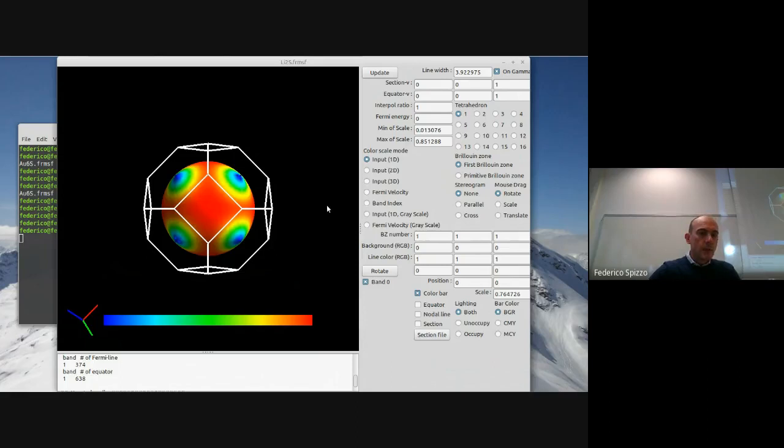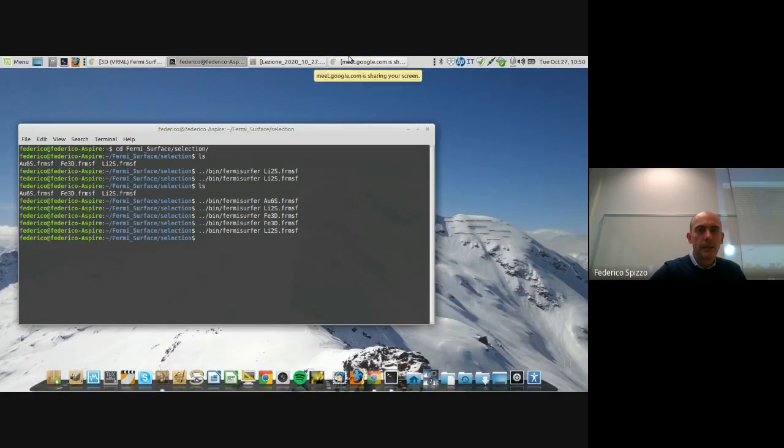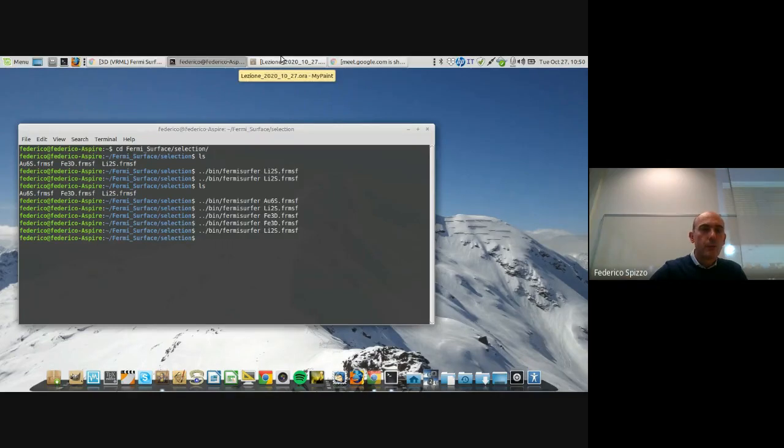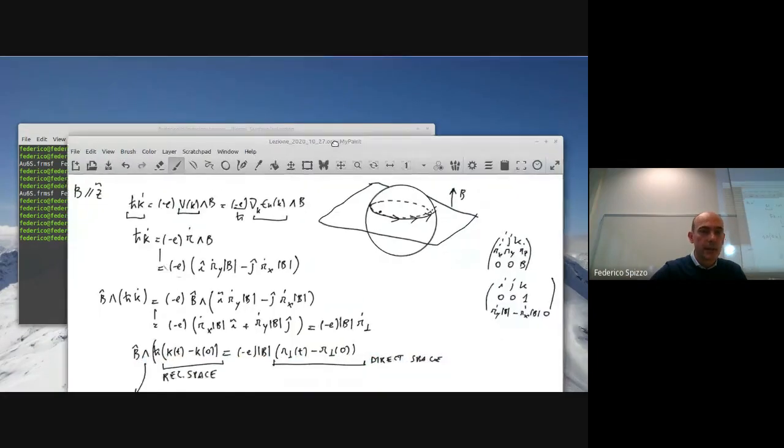So this was just to, on one side, compare the different shapes and bring to your attention the fact that, irrespective of the shape of the Fermi surface, we may have at least two groups of trajectories.